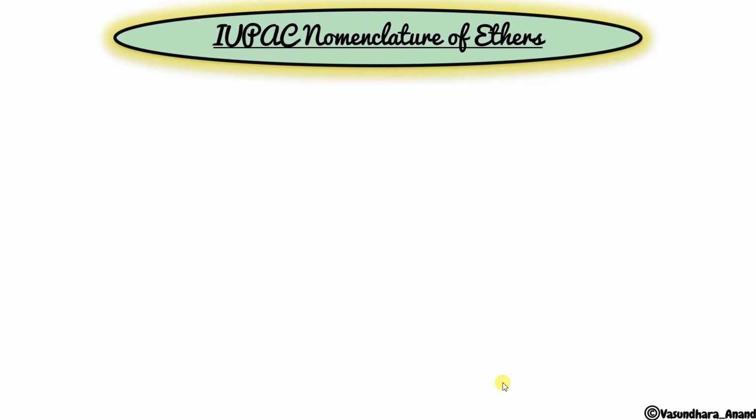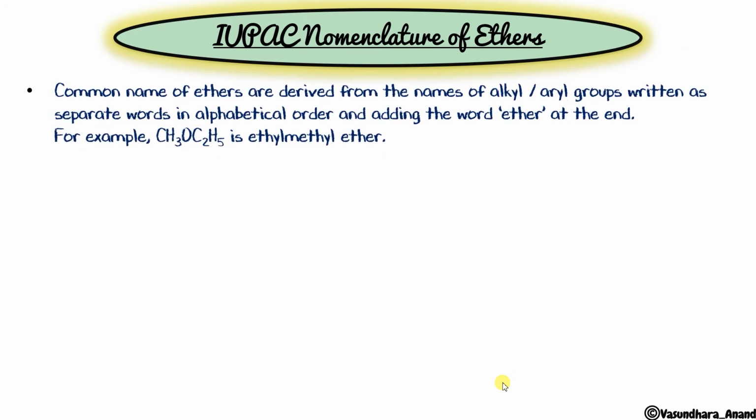Now some nomenclature for ethers. For ethers, we know that this is alkoxy alkane. The group having less number of carbons will come with the alkoxy, and the other will come with the alkane. While writing the common name, we simply write alkyl aryl and at the end we write ether.